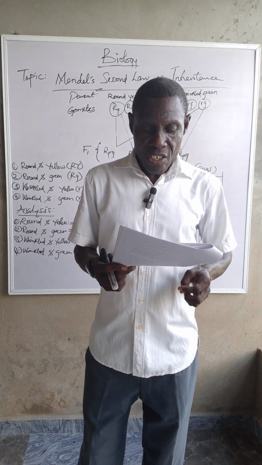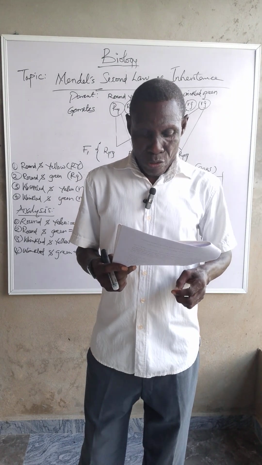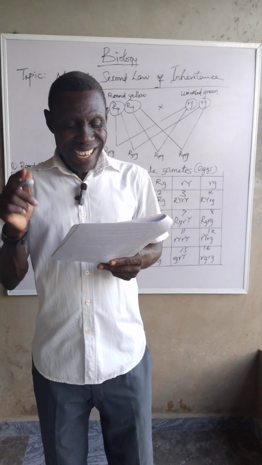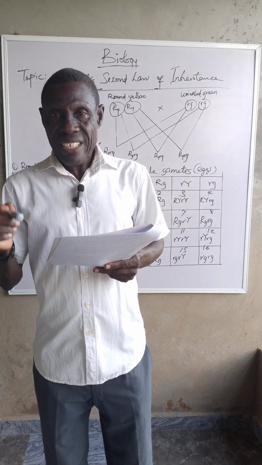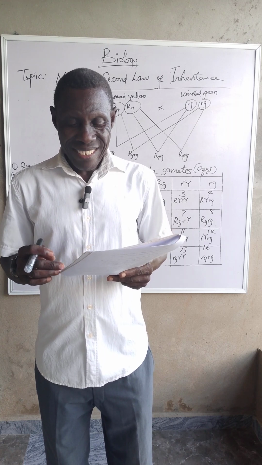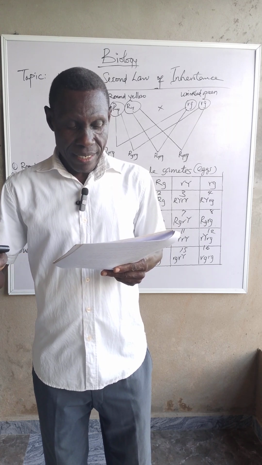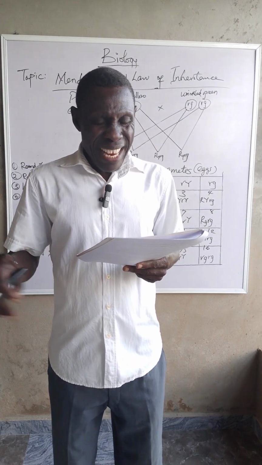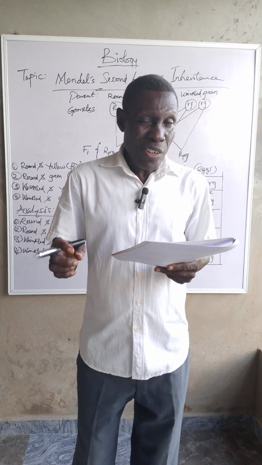Hence, Mendel's second law of independent assortment of genes states that each character or each trait behaves as a separate unit and is therefore inherited independently of any other character.